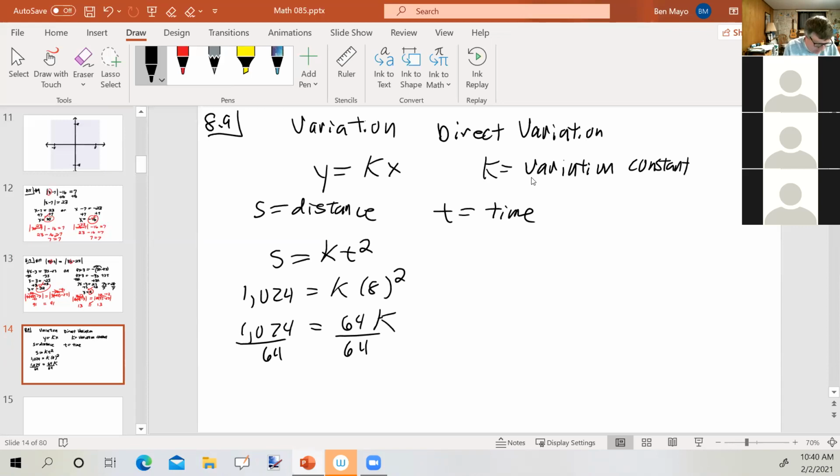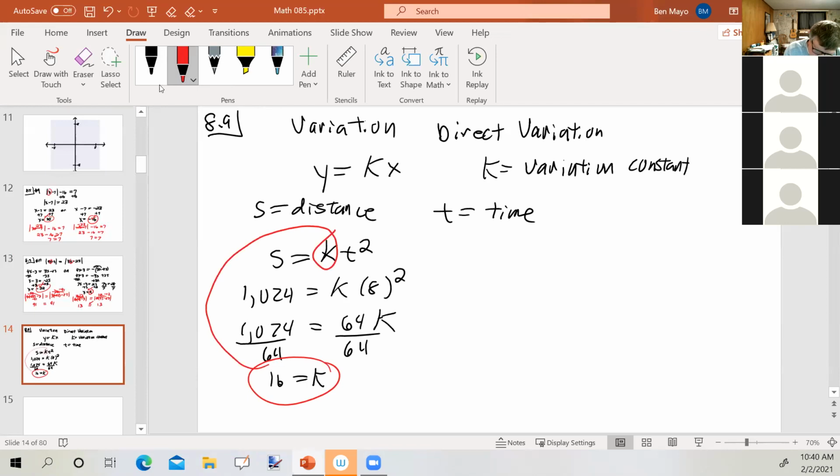Okay, so I've got 1,024 divided by 64, which gives me 16 equals k. So now that is going to go back up here. So now my formula is s equals 16 t squared.